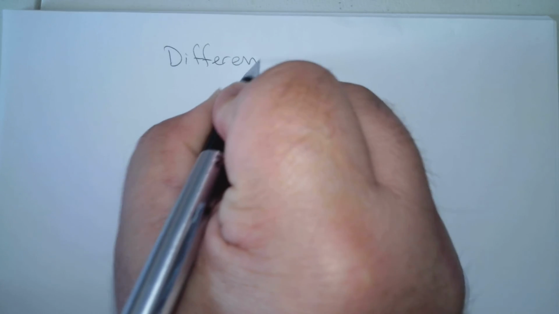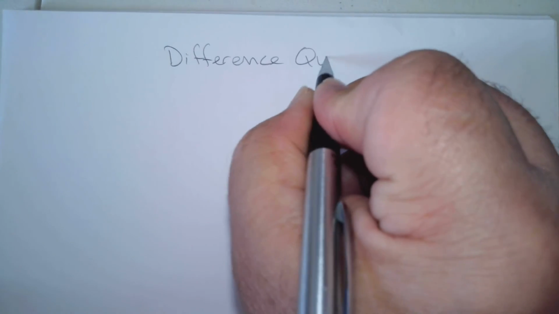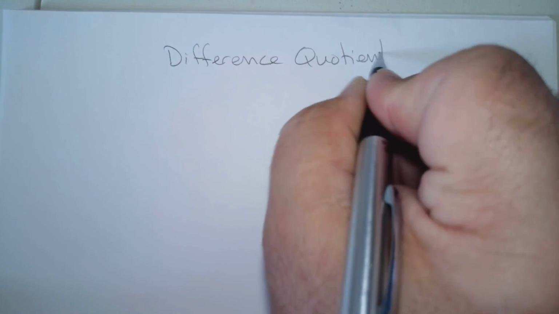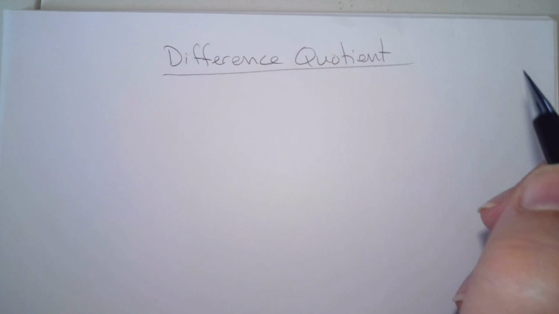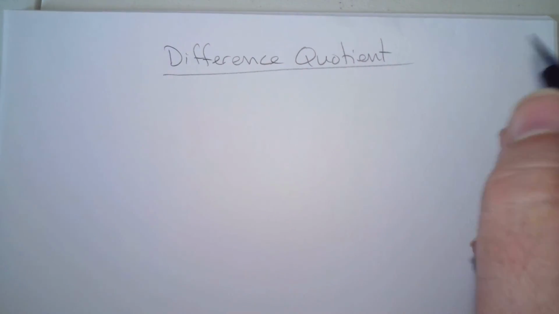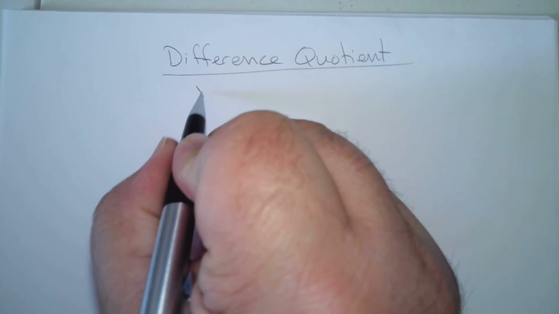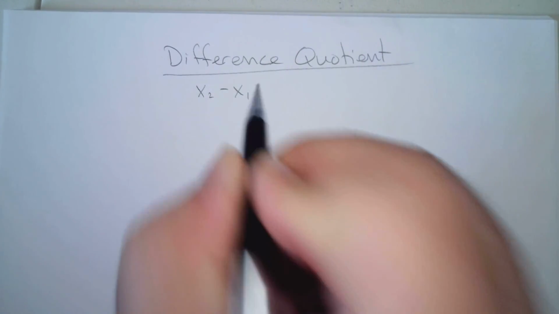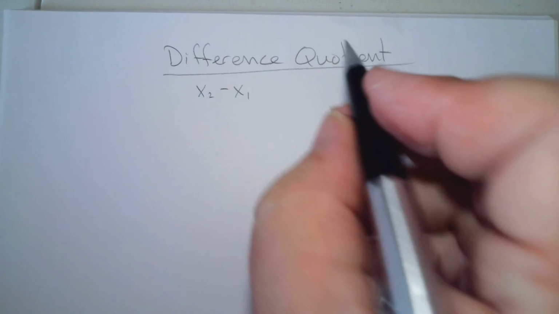Now, let's discuss the difference quotient. Difference simply means take two numbers and subtract them. We use that all the time in our equations.